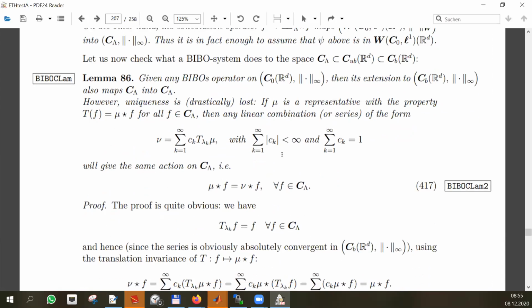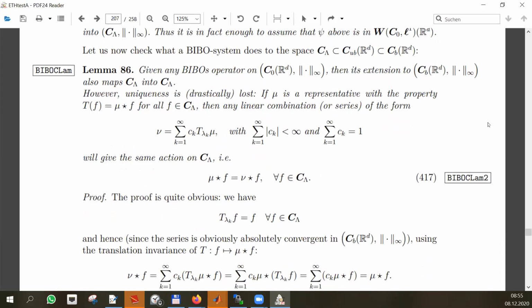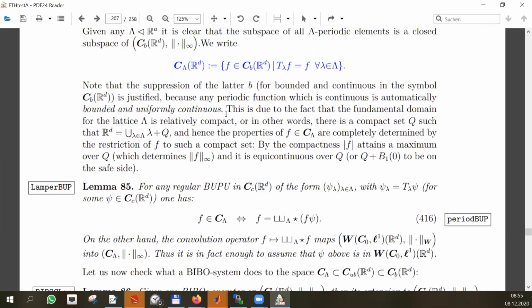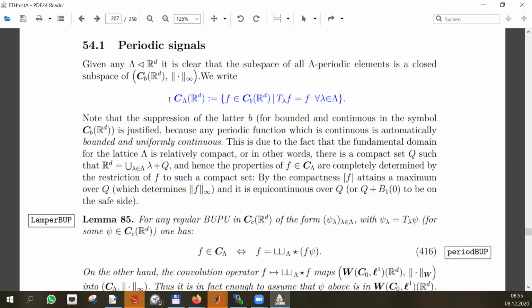So kind of what brings me back to this story with what will be the basis for the periodic convolution is the following. If you have a bounded measure mu, which is clearly defining a linear operator, which is mapping the lambda periodic functions into themselves.